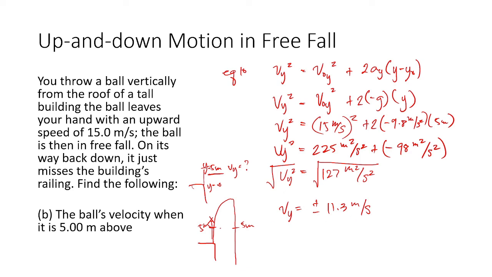And within this point, magkakaroon ulit siya ng negative na value kasi it is moving downward. So that is the velocity, or that will be our velocity. It can be positive 11.3 or negative 11.3 meters per second. Okay, so doon na tayo sa mas nakakalito pa.